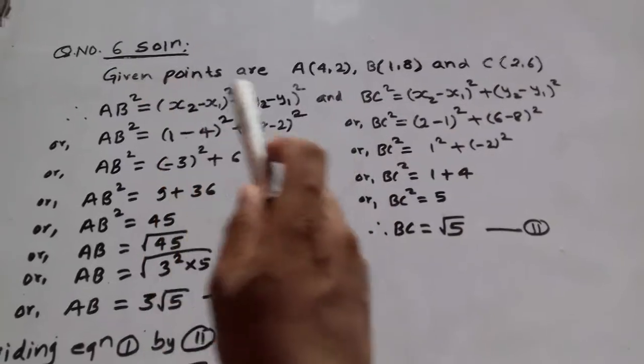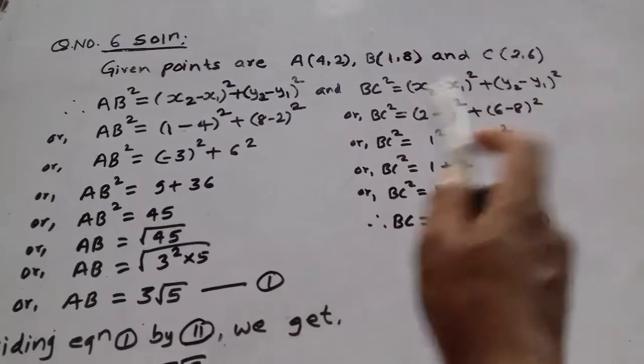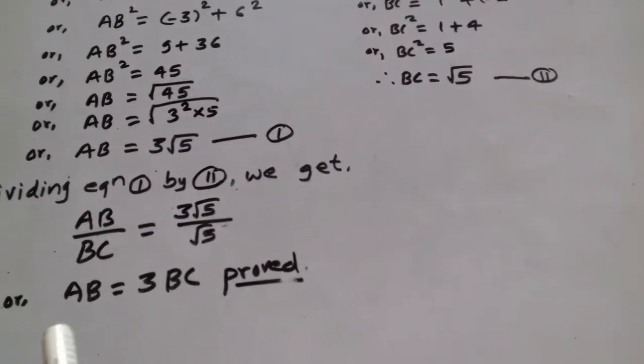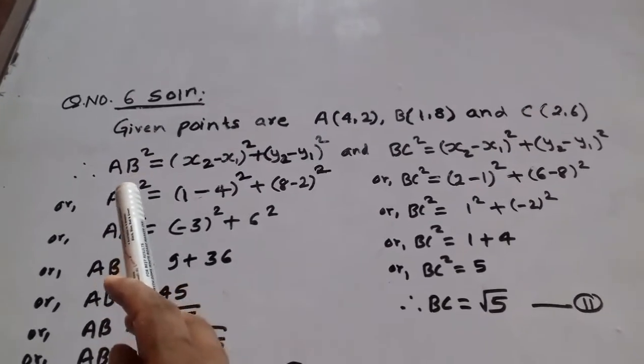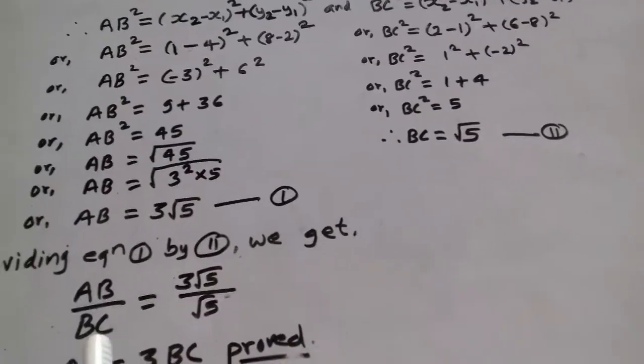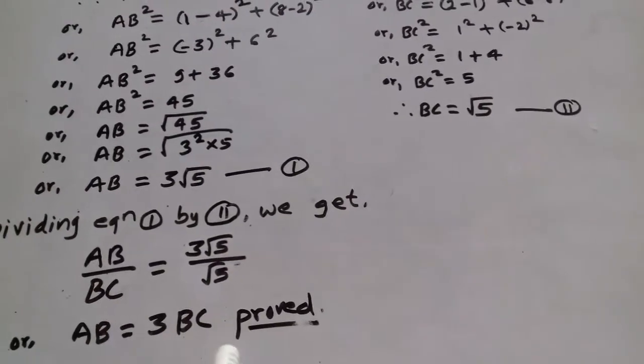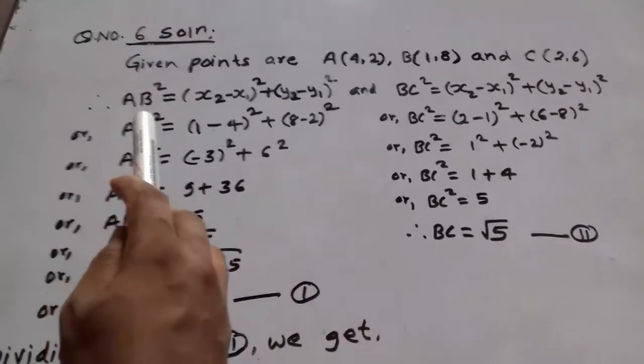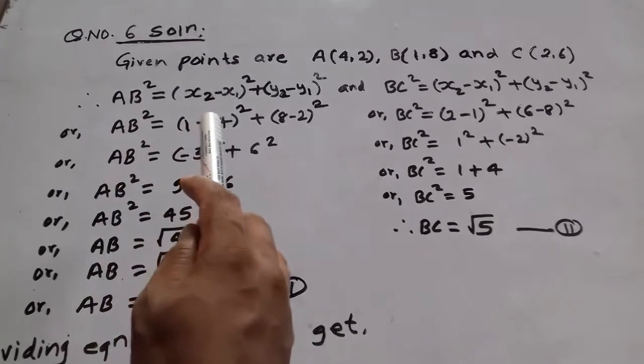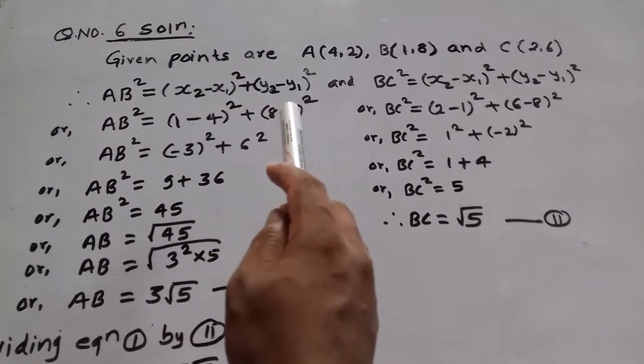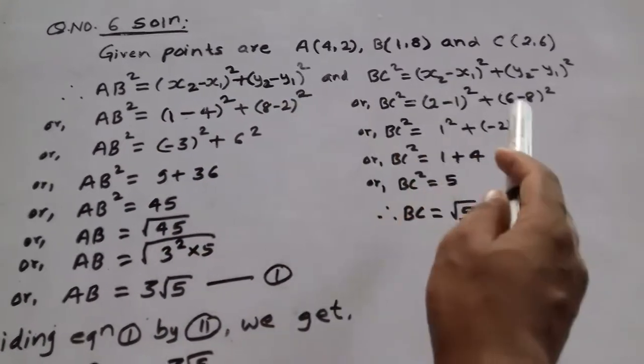In question number 6, these 3 points are given and we have to prove AB equals 3BC. For this we have first found AB, then BC. Here AB square is equal to x2 minus x1 square plus y2 minus y1 square, and BC square is also the same.